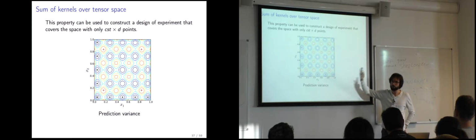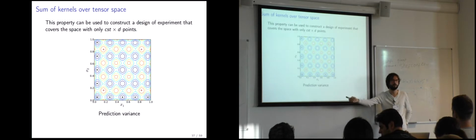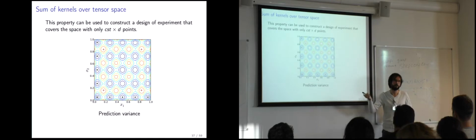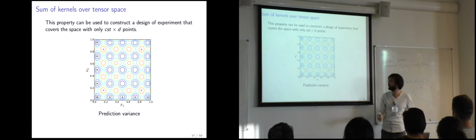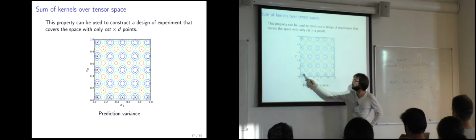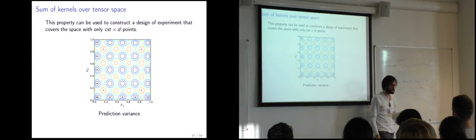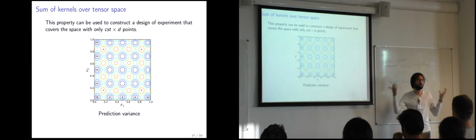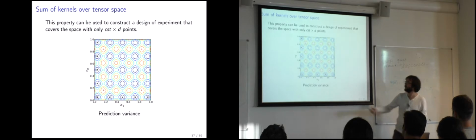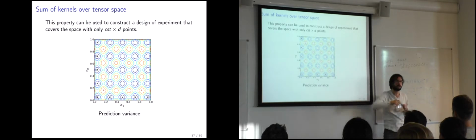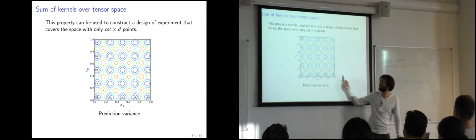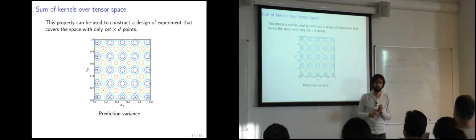There's an assumption behind it that you're only going to extract the additive component of the function you want to approximate, but in high dimension, you already have a lot of degrees of freedom with additive functions, and with a number of observation points that just increases linearly with the dimension, you're still able to recover the function very well and to have basically 0 variance on the grid, even if you just have a number of observations that is linear with the number of dimensions.